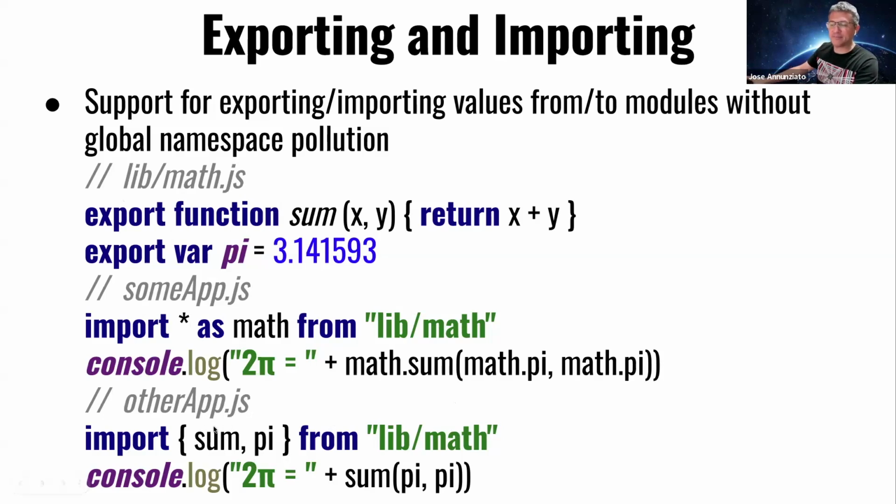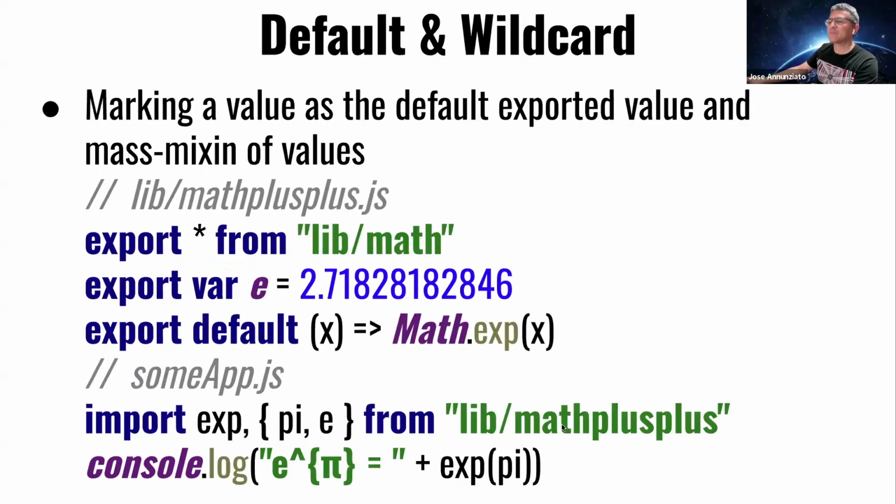And they have to match by name. So sum and pi have to match the variables and functions that are declared in the library or file that is being imported. Make sense, right? And so here's another, here we are exporting everything, export everything from libmath.